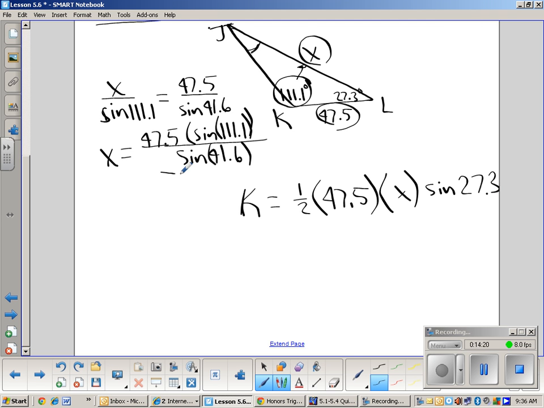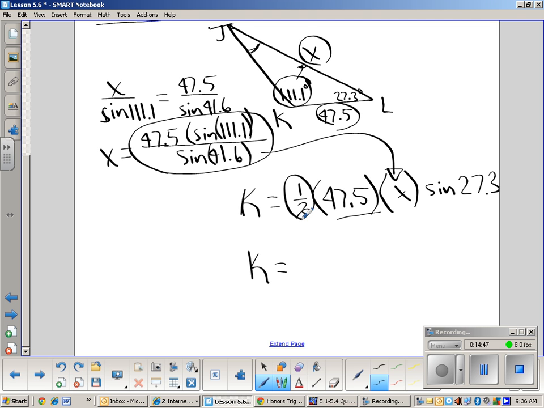So if I had all of this done in my calculator, what would I have to do then to get the answer I want? I guess you just do order of operations. So if I had already done that, then I need to times it by 47.5, times it by 0.5, and times it by sine of 27.3.